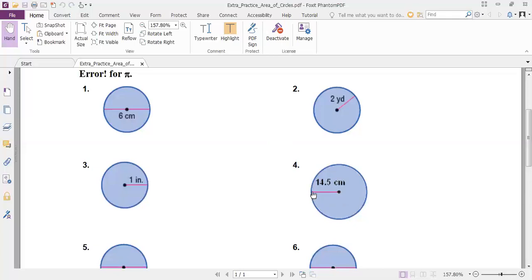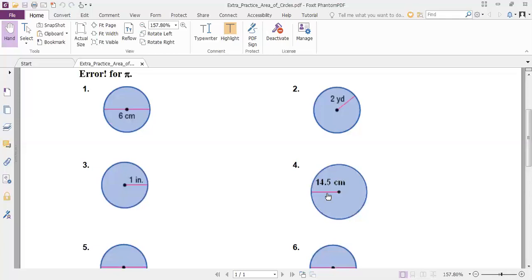So in number 4, this is the radius, right, Faisal? What is the rule of the area again? Pi times r power 2, or r squared, right? So the area of the circle is pi times r squared.